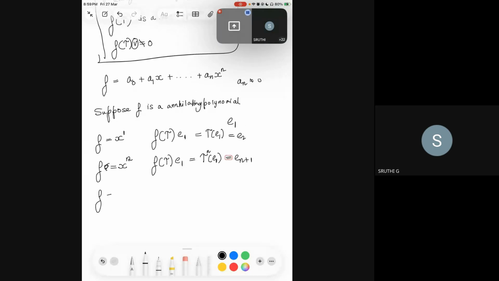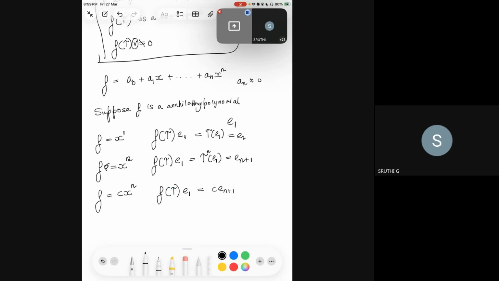Then if C is any non-zero real number, can you tell me what C times E1 is? It is C E_{n+1}, right?